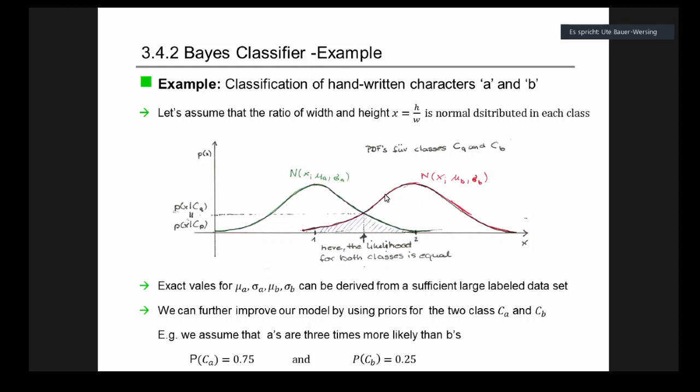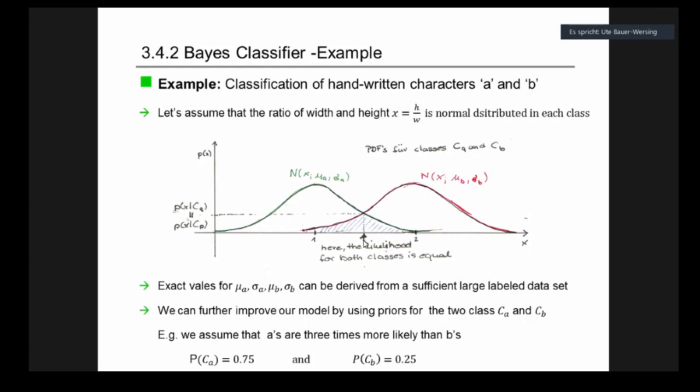In parallel, we see the distribution of the random variable x for our letters B. So we have an average of roughly 2, and the ratio scatters around this mean value. Extreme values we will find only rarely in our data sets. All right.